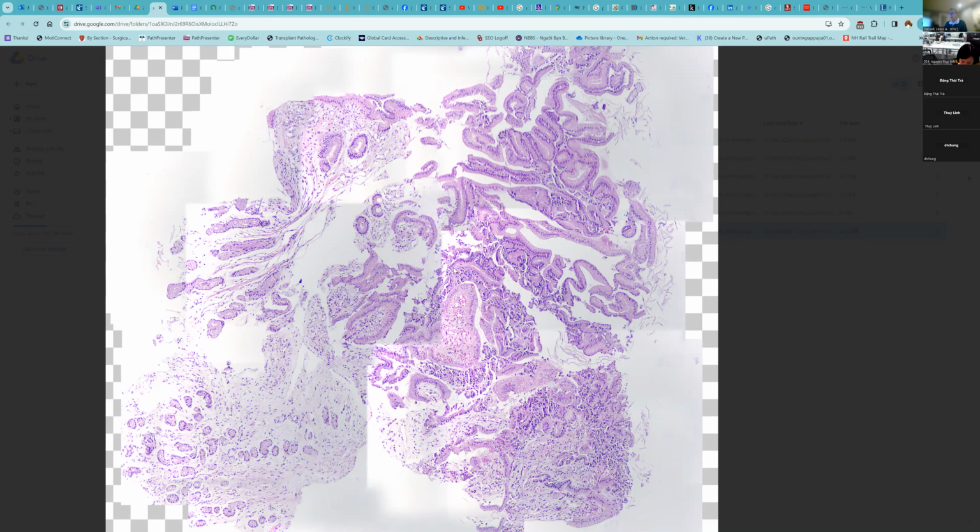So I've looked at cases that were kind of borderline like that and tried to do special stains like P53 or some other malignant marker, but that has not proved very helpful. So I don't think there's any particular immunostain that helps you in the decision between benign and malignant here with this type of a lesion.